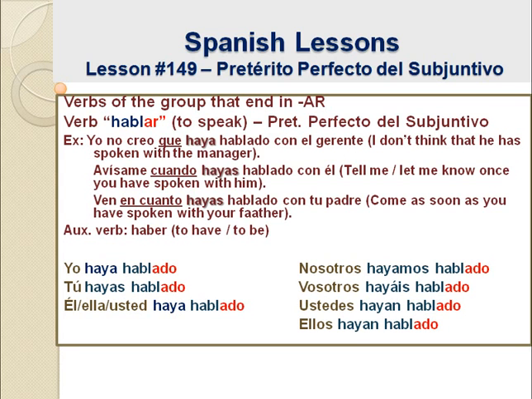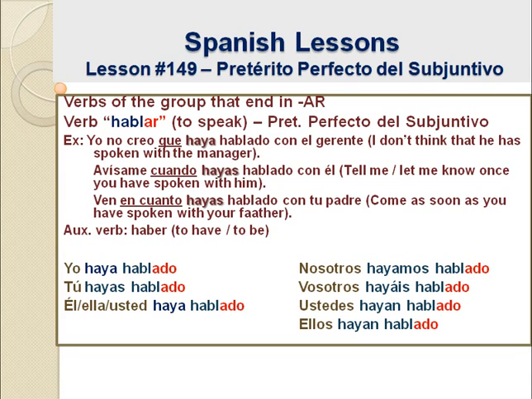Yo haya hablado, or que yo haya hablado. Tú hayas hablado, or que tú hayas hablado. Él haya hablado, or que él haya hablado. Nosotros hayamos hablado, or que nosotros hayamos hablado.